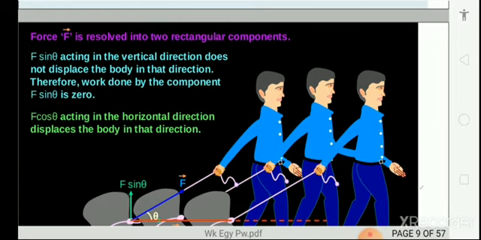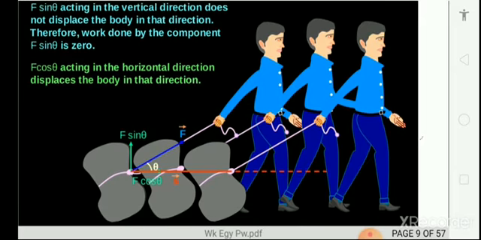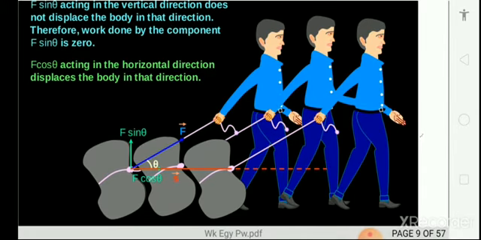The force is resolved into two components. F sin theta acting in the vertical direction does not displace the body in that direction, therefore the work done by the component F sin theta is 0. F cos theta acts in the horizontal direction and displaces the body in that direction.